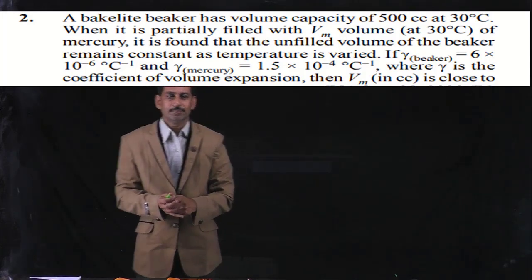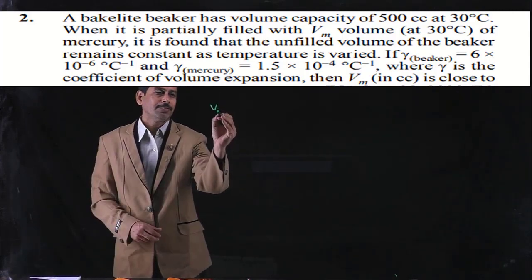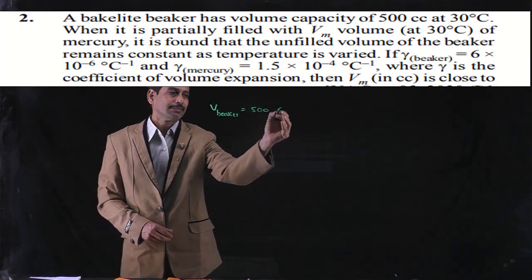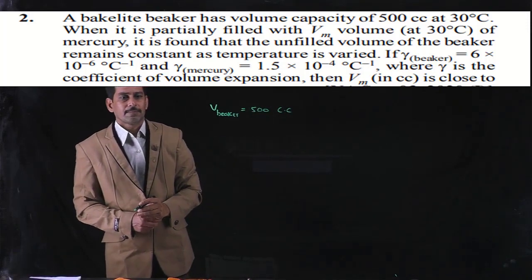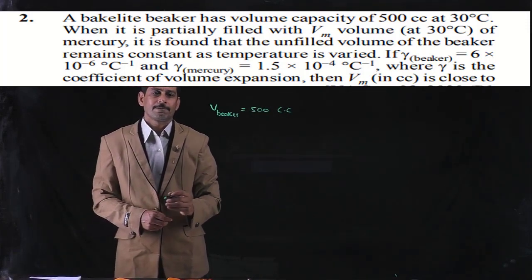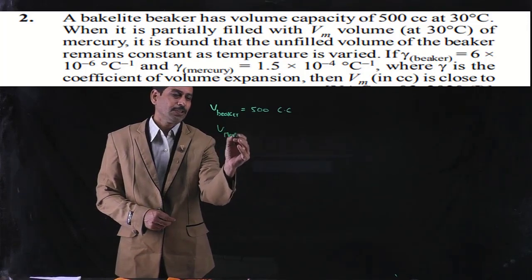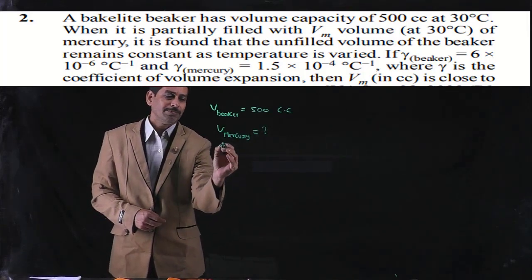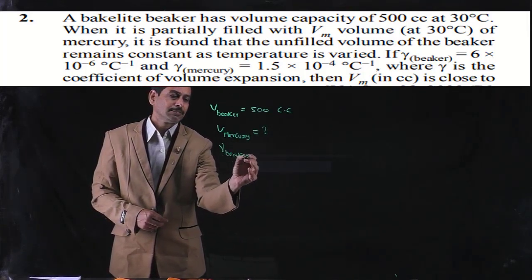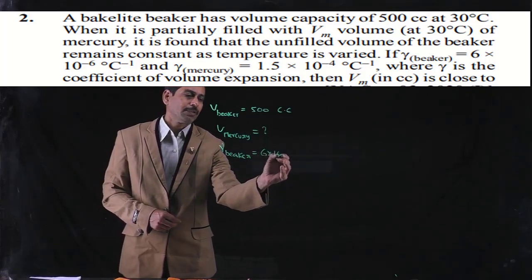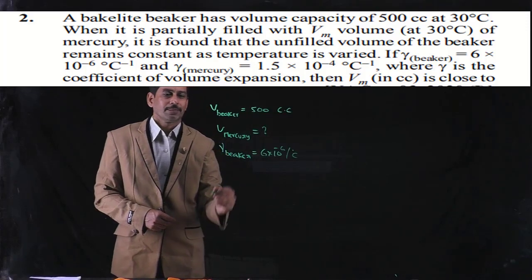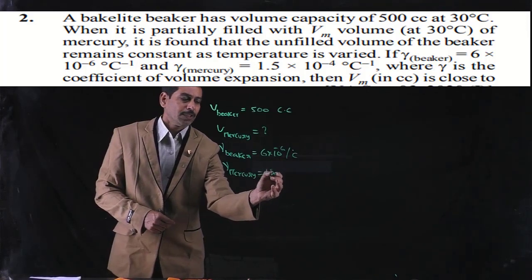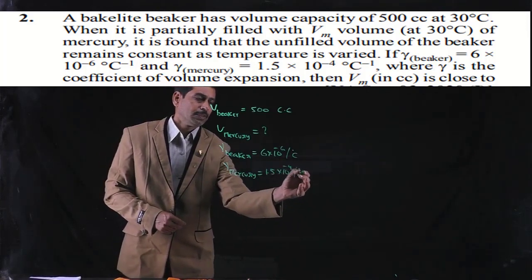So here in this problem, the volume of the beaker is given as 500 cc, and we are going to find the volume of mercury. Gamma of beaker is given as 6 into 10 power minus 6 per degree centigrade, whereas gamma of mercury is given as 1.5 into 10 power minus 4 per degree centigrade.